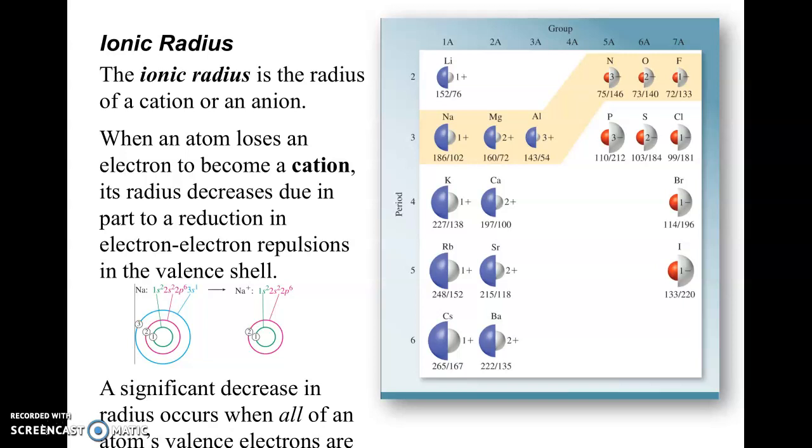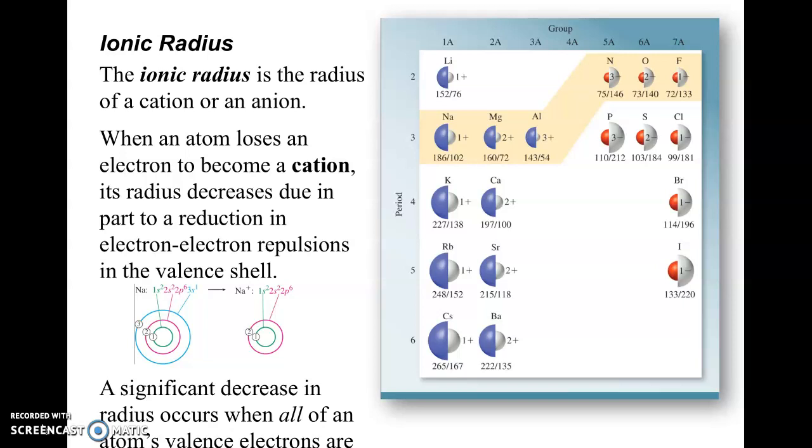And you can see that when you go to the non-metal side of this, they go from being smaller to being larger because you've got more electrons than you have positive charge in the nucleus, and so they spread out even further.